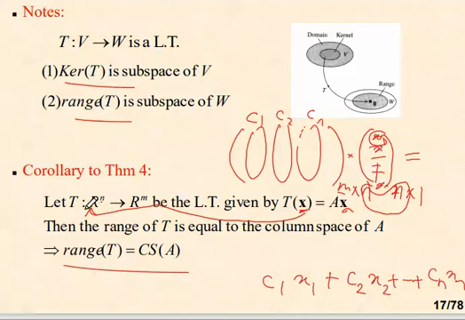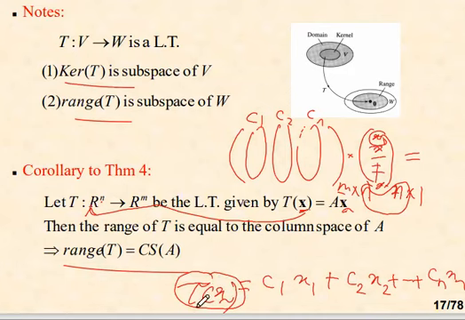So if you write this transformation in matrix form, this is equal to T of x. This is the image of x.